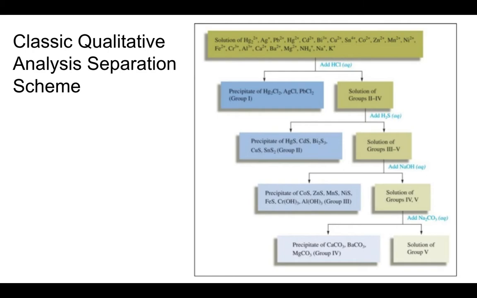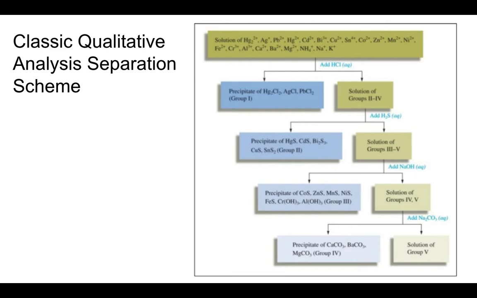So you could add HCl and it'll precipitate those three out, and those would be your group 1 ions. Then you'd take that precipitate and figure out how to separate the mixture from there. That would leave you with your supernatant being groups 2 through 4.